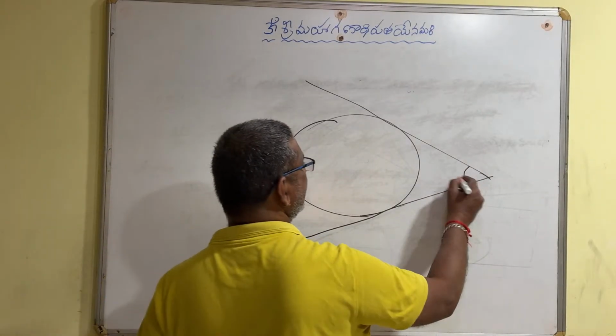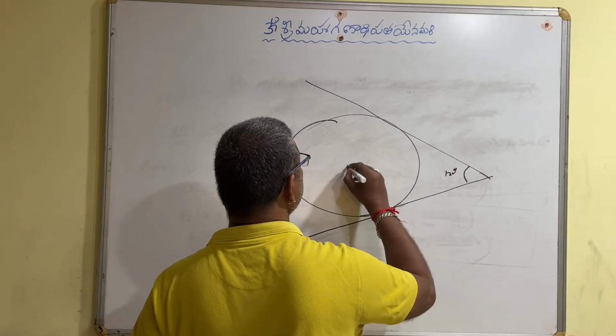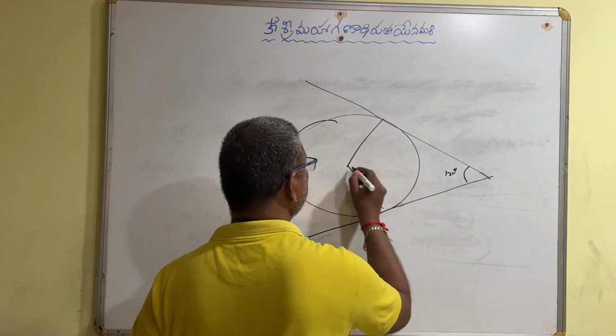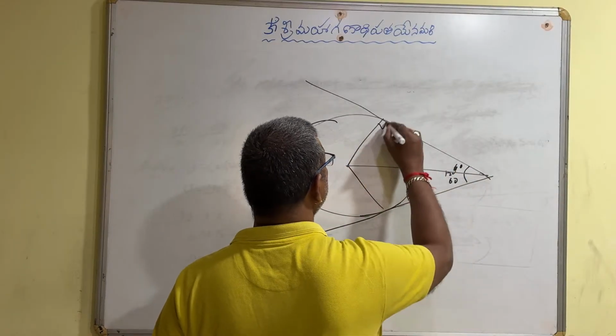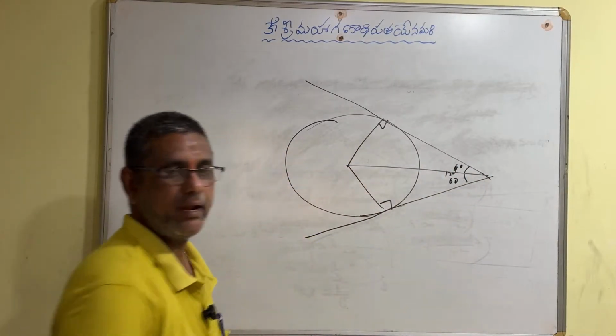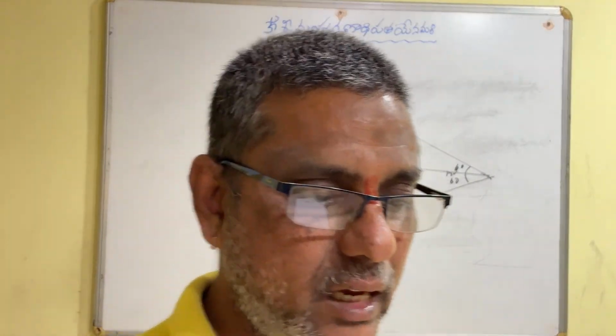This angle is 120 degrees. Then we know this will be divided into 60, 60. This is 90, this is 90. And what is asked?